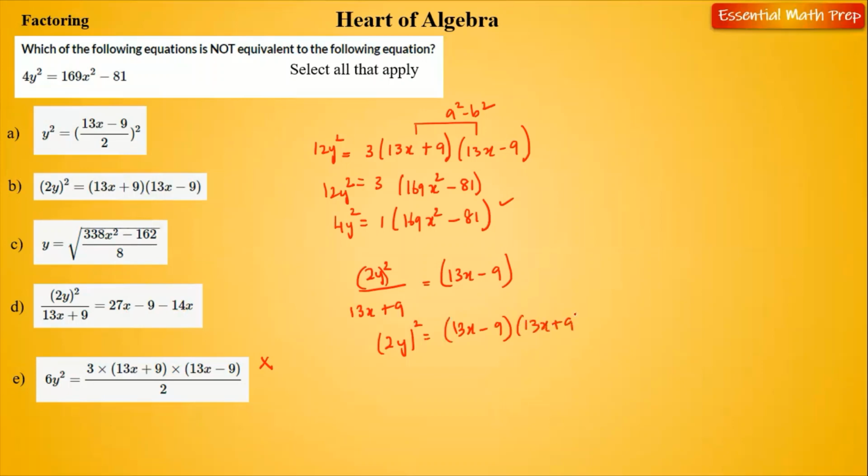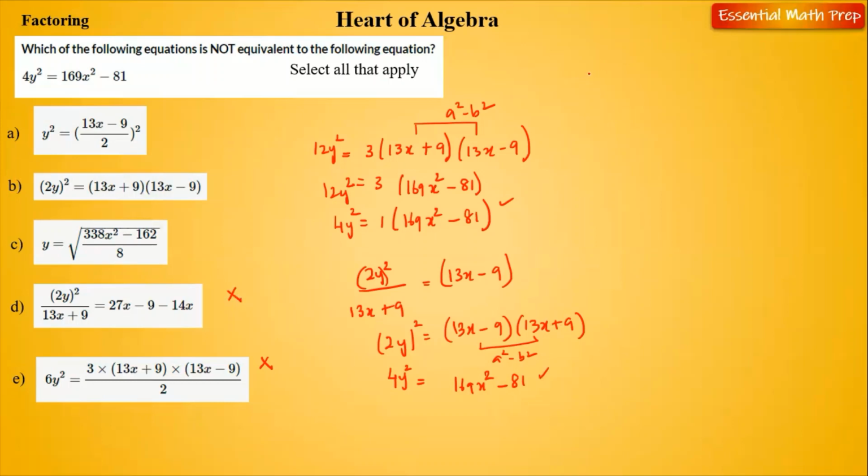If you multiply both sides by 13x plus 9, then you get this. This literally transforms into 4y squared times, this again is a squared minus b squared format, so it'll be 169x squared minus 81. So that also checks out, so that cannot be the right answer.